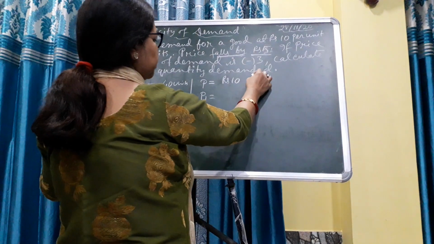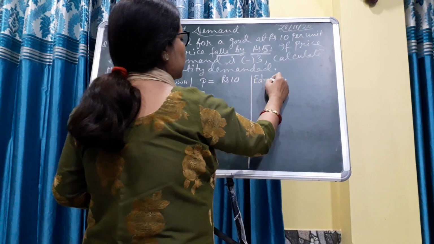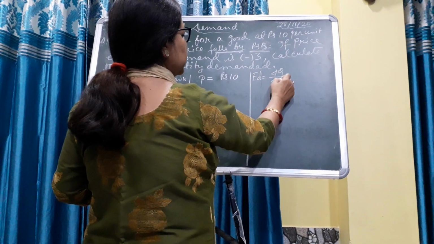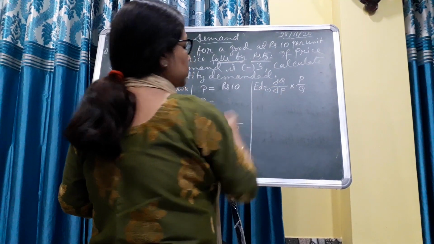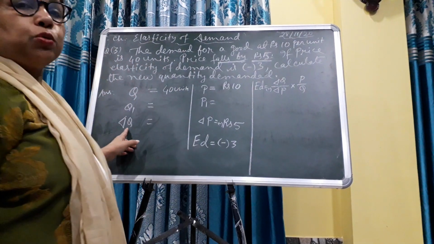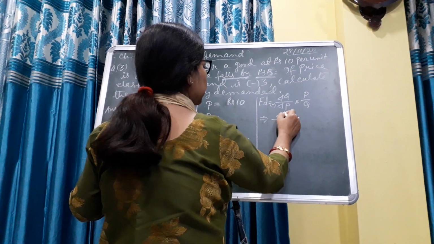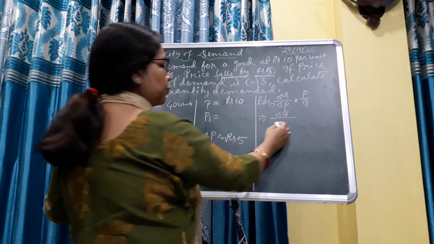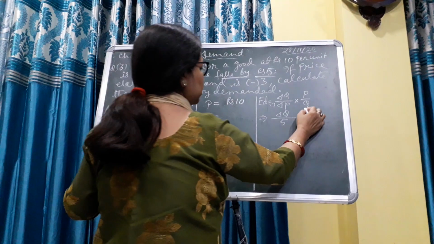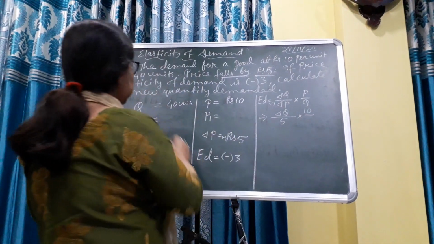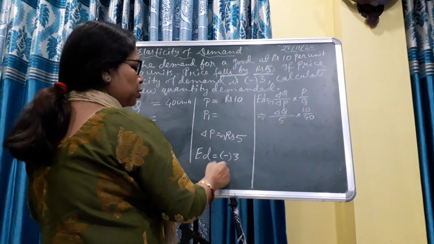First you write the formula: elasticity of demand equals delta Q by delta P into P by Q. This is the formula, with the minus sign. We do not know delta Q. Delta P is 5, into price 10 and quantity 40 units, and elasticity of demand is minus 3.